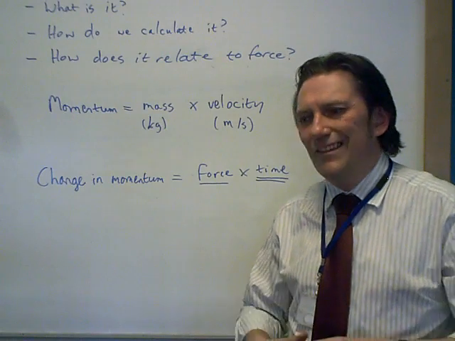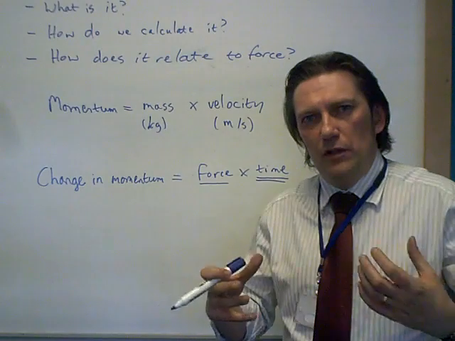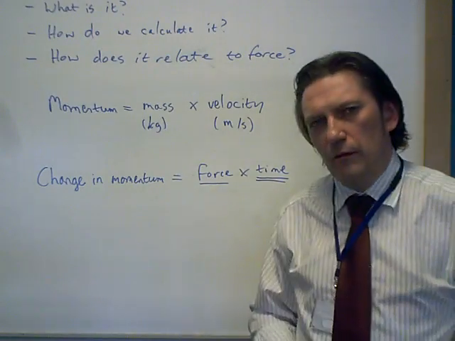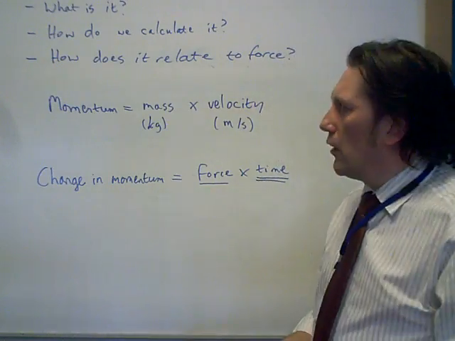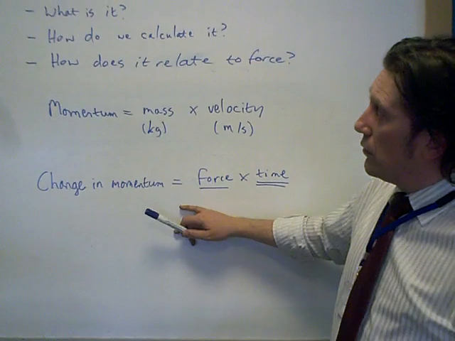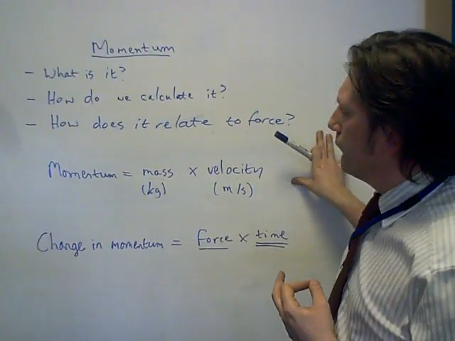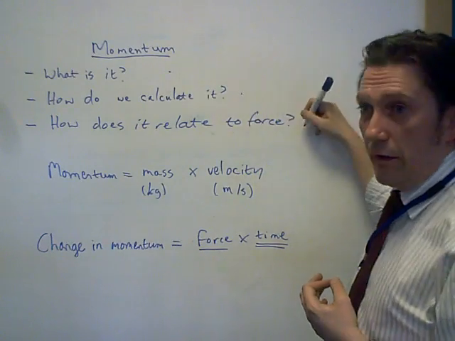And a crumple zone is designed to do that, to reduce the damage by increasing the time, to reduce the force by increasing the time. Now I hope you've learnt something today, and I hope that now you'll be able to tell me what momentum is, how we can calculate it, and how it relates to force.